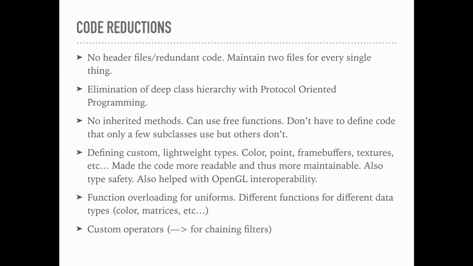There was also the additional advantage of having another bite at the apple, being able to say, okay, I did this wrong because I didn't know I was going to have to implement these things, or I over-architected this part because I thought I was going to need more abstraction than I actually did. So we were able to take advantage of learning from our mistakes by re-architecting the application. But this would not have been possible if we'd just done it in Objective-C. It might have been a little bit smaller, but we would not have seen the safety and reduction that we got from moving over to Swift.